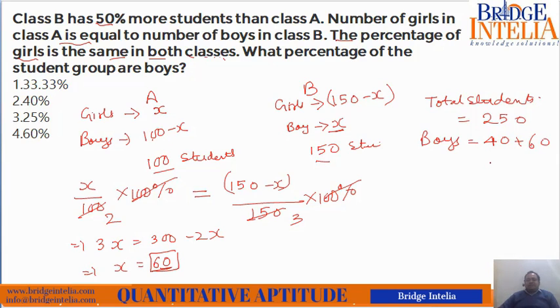So 60 plus 40, 100. So boys are what percentage of the entire group? 100 is what percentage of 250? So 100 by 250 into 100. So 40%.